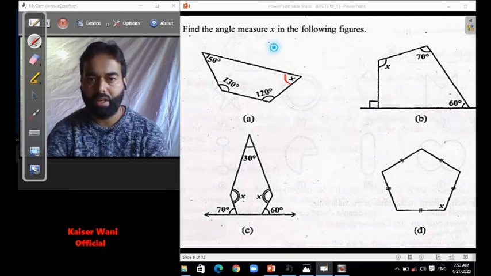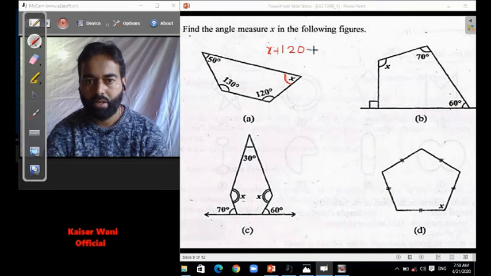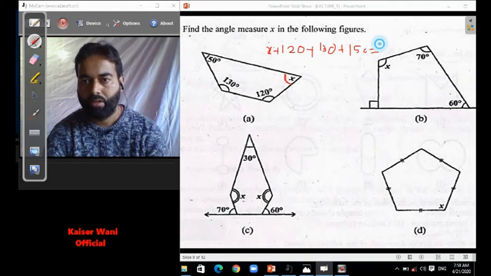Because we know this unknown angle x plus 120, plus 130, plus this angle 150, is all equal to 360.